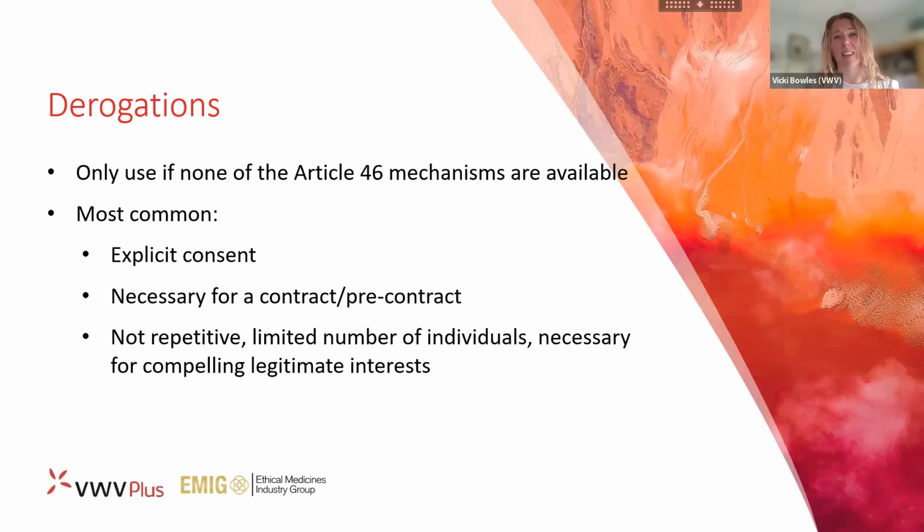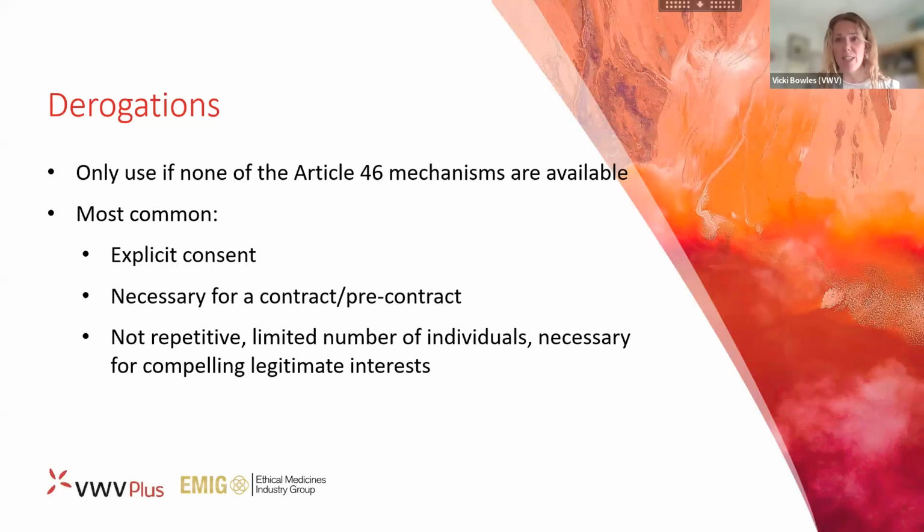I have a feeling in that case they did actually use contractual clauses, but pre-contract requirements would have been an option there. And finally, if you are doing a transfer that is not repetitive, relates to a limited number of individuals, and is necessary for a compelling legitimate interest or compelling legitimate interests, then you can use that derogation.